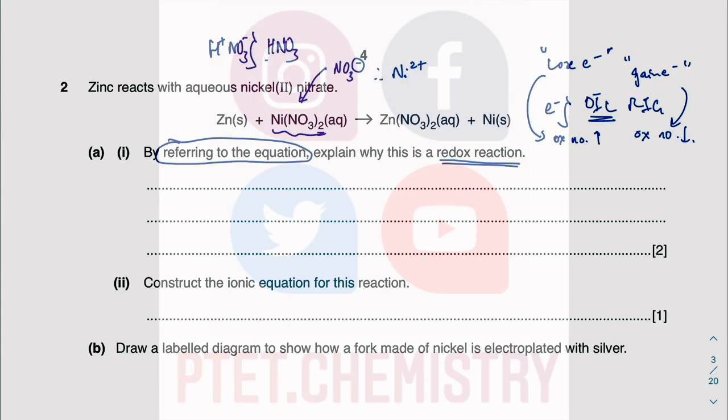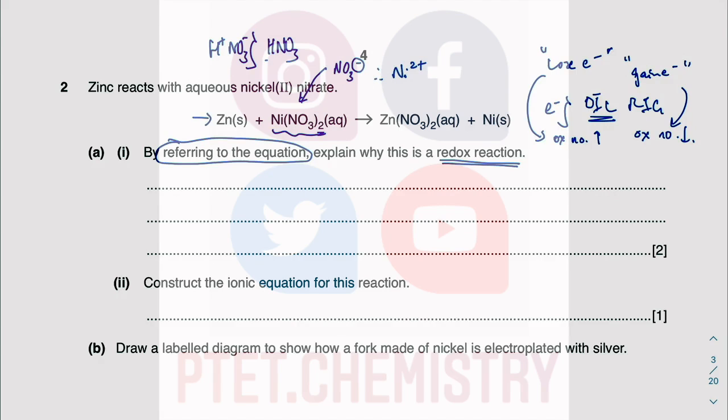Why not nickel plus? Because you have two nitrates, so 2 times minus 1, and overall no charge, so you must have 2 plus. When you combine the minus 1 and plus 2, the LCM is 2. You need 2 of them to balance out the charge. That's why you get this formula. It goes back and forth, back and forth, and you just need to think of it like that.